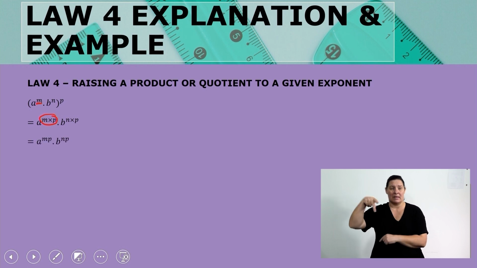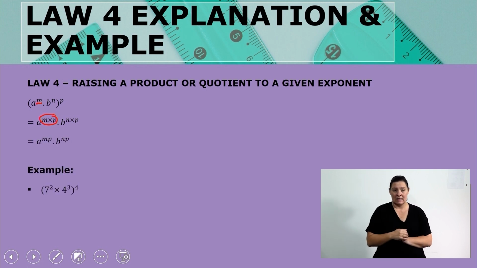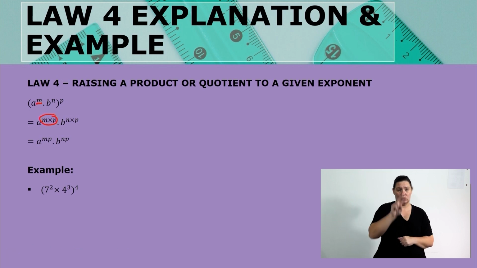Let's look at an example of this. If I have 7 to the exponent 2 multiplied by 4 to the exponent 3, and this product is raised to the exponent 4, what is going to happen?